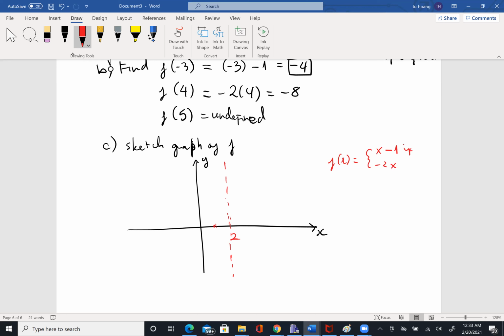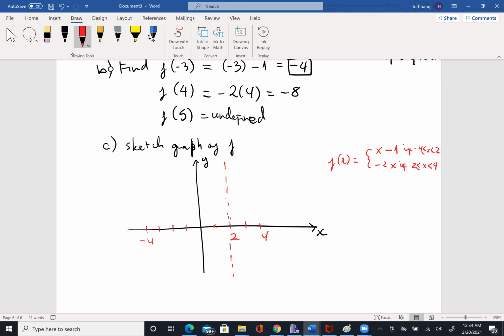Here, negative 4 is equal to x, and 2 is equal to x, 4. Okay, so here's 2, 3, 4. So we go up to 4, we go down to negative 4.